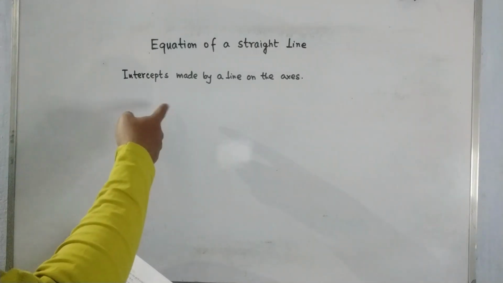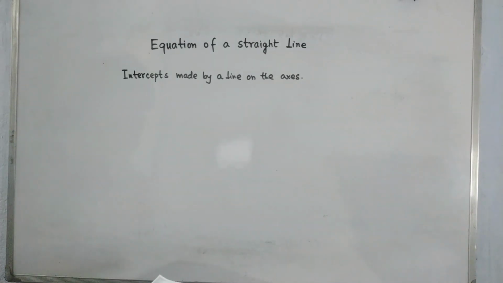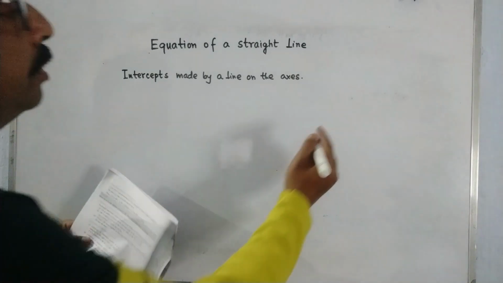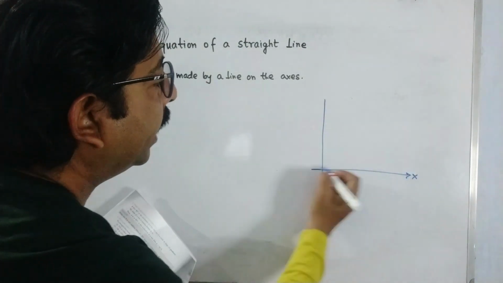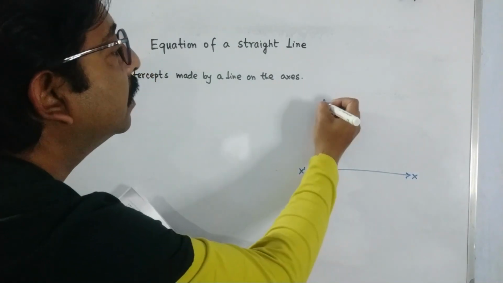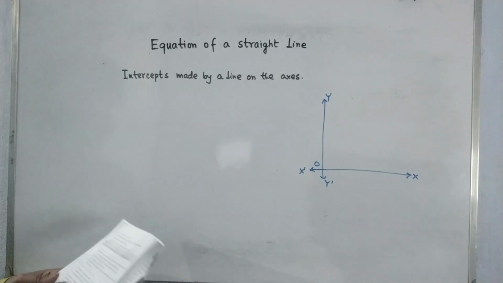Here, intercepts made by a straight line on the axis. Now we are drawing x dash, y dash, origin.